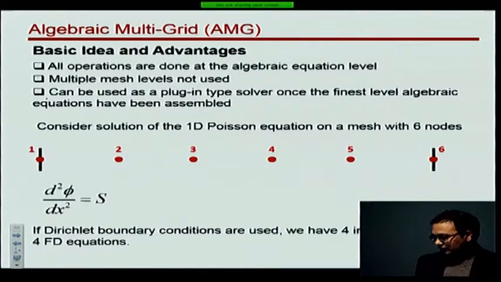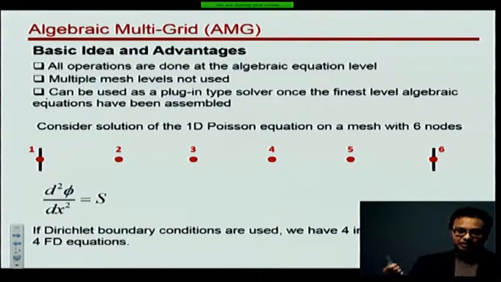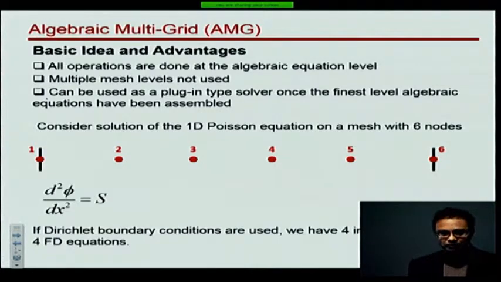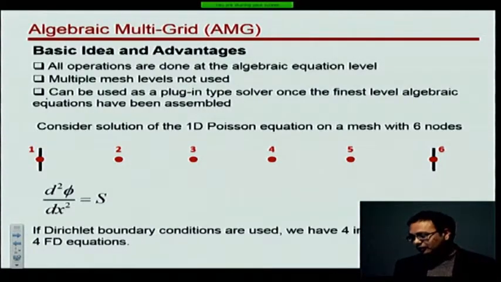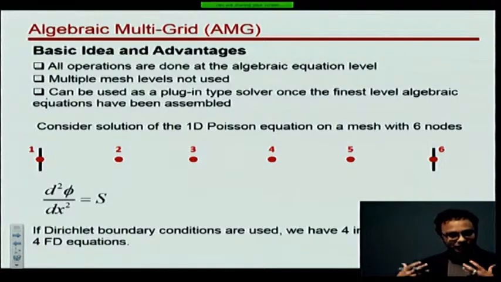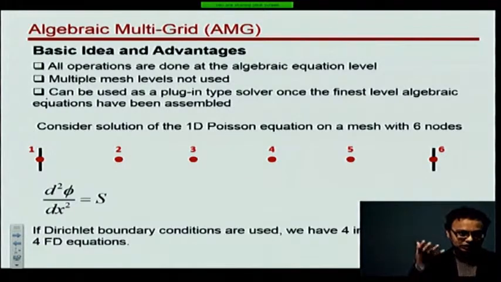Now, if I were to do a geometric multigrid, I would generate a second mesh, which would have half the number of nodes, and then transfer information between the fine and the coarse mesh, as we've discussed before. Here, we have to use the same kind of principle. So if instead of 6 nodes, I have 3 nodes, then I have a coarse mesh equivalent, which basically consists of 3 equations.